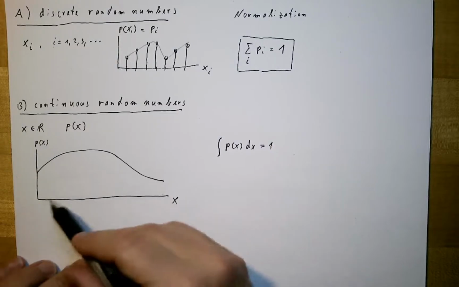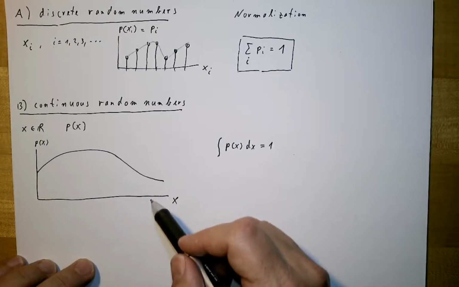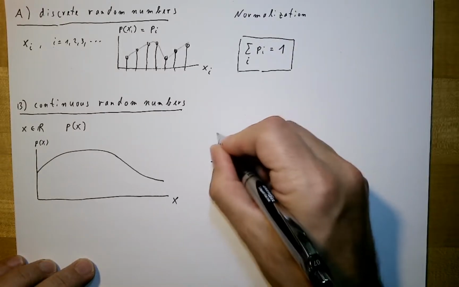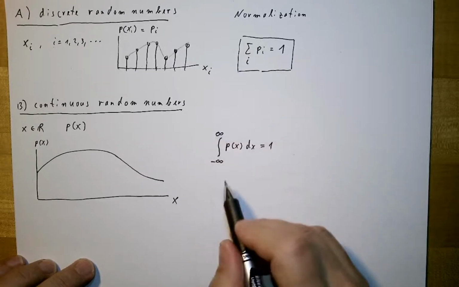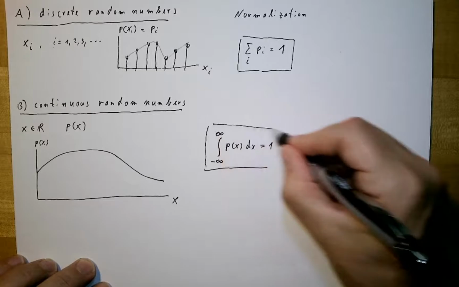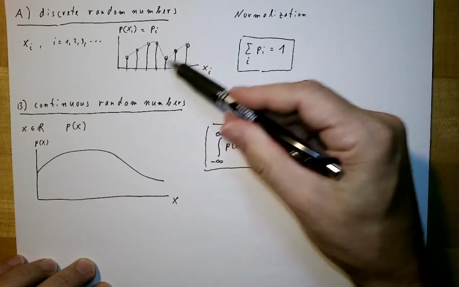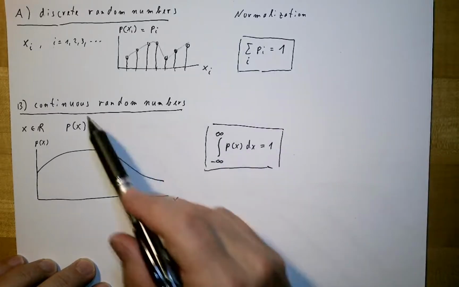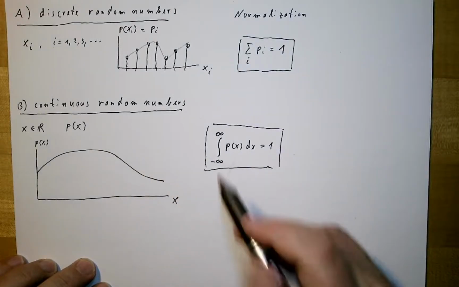So x might be in a finite interval, or it might be over the whole real numbers, from minus infinity to plus infinity. So what in the case of a discrete distribution is a sum goes to an integral in the continuous distribution.